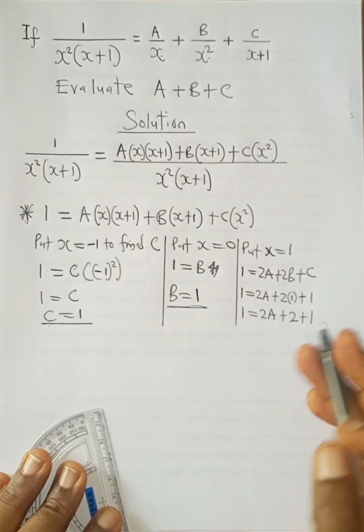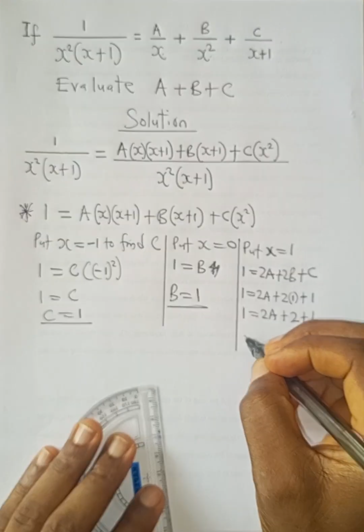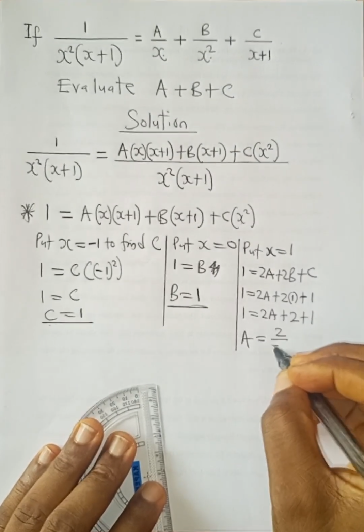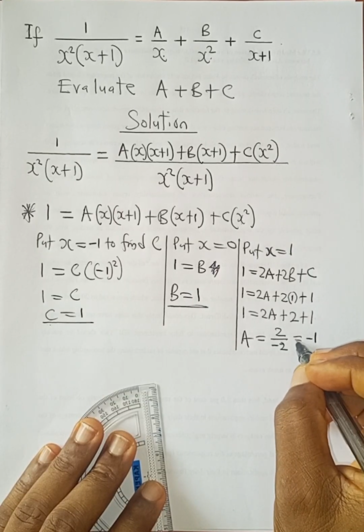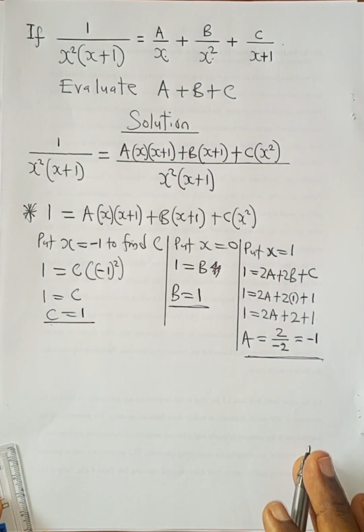So at the end of the day, we have that A is equal to minus 2 divided by 2, which is equal to minus 1. So A is minus 1. So already we know the value of A, B, C now.